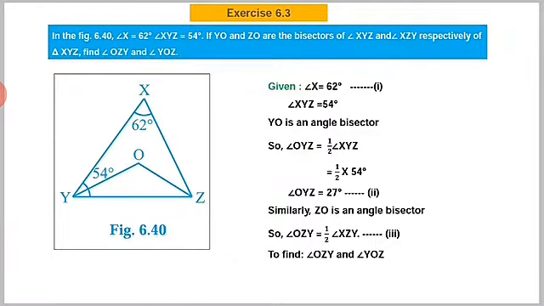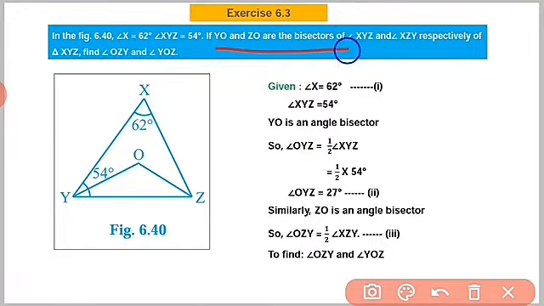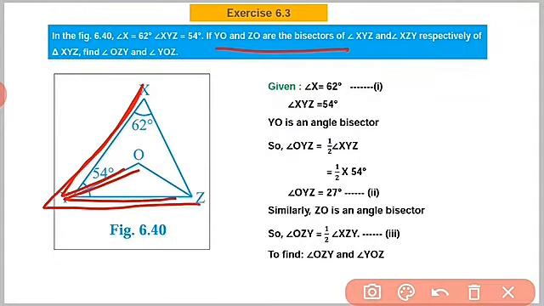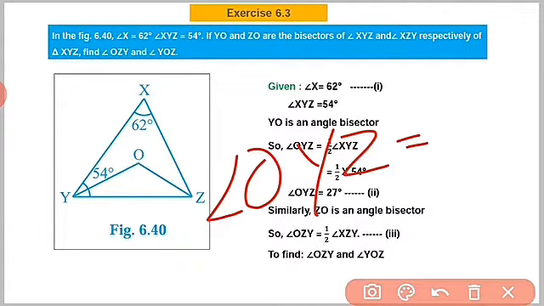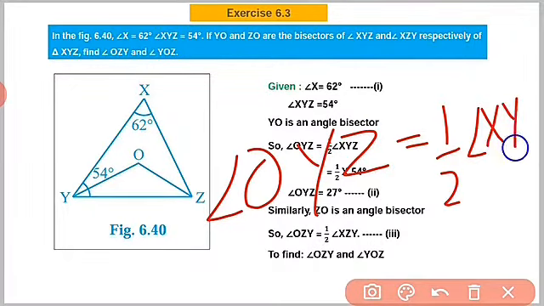So children, let us see what all things we have been given. We have been given that YO and ZO are the bisectors. That means this angle and this angle will be equal to half of XYZ. That is, angle OYZ will be equal to half of angle XYZ.